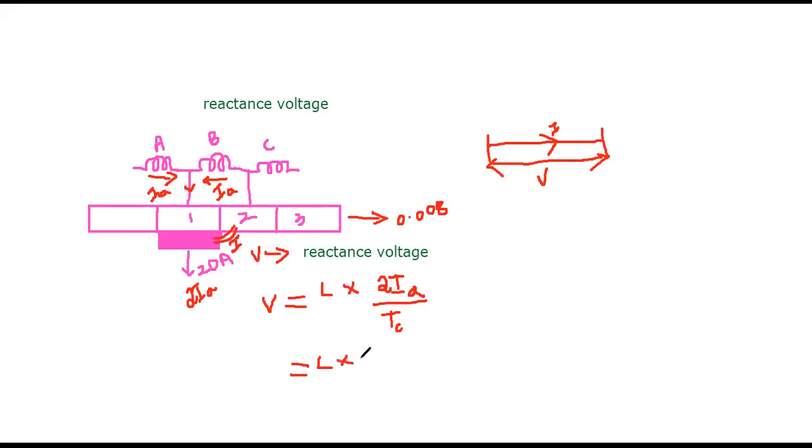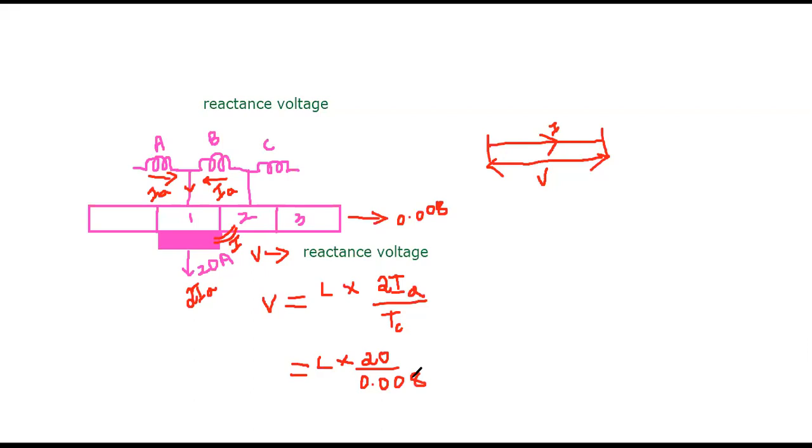It is the inductance value, or we can say reactance, and the total current is 20 divided by the commutation time, that is 0.008.